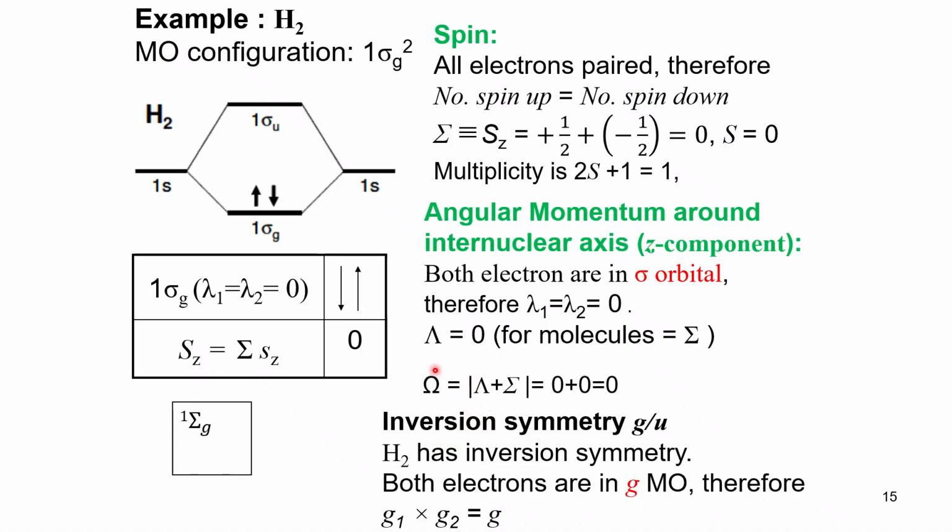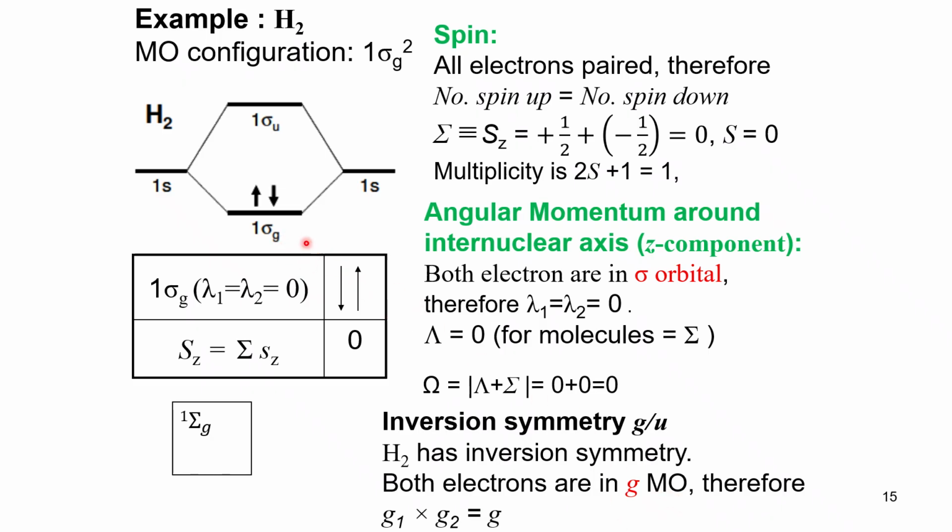Next, we have to find out the spin-orbit coupling effect along the internuclear axis, omega. Lambda equals 0, italic sigma also equals 0. Therefore, omega equals 0. Because this is a homonuclear molecule, it has parity symmetry: hydrogen has an inversion symmetry, and electron 1 is in the g orbital.